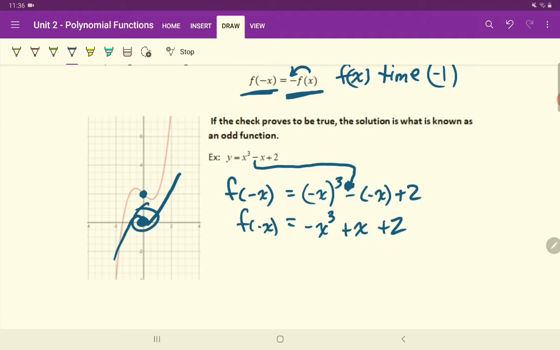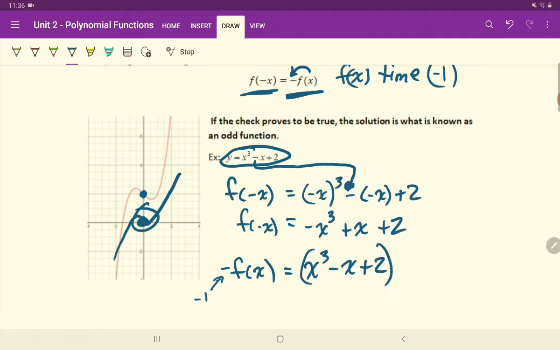Let's compare that now to negative f at x. Which means just take our original equation of x cubed minus x plus 2 and multiply it by negative 1. So distribute the negative 1.